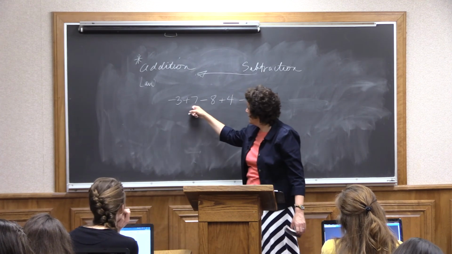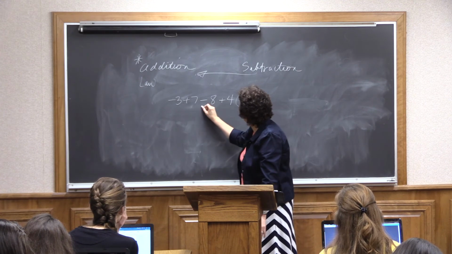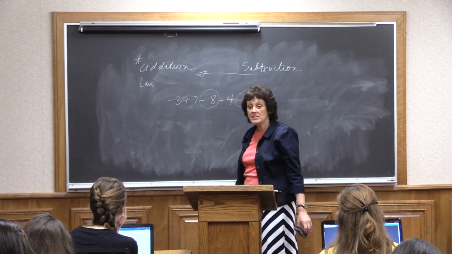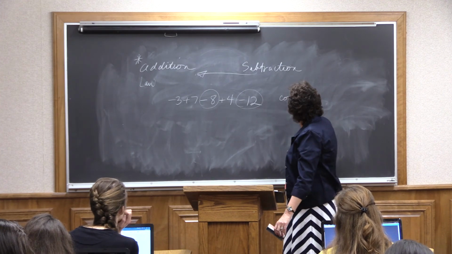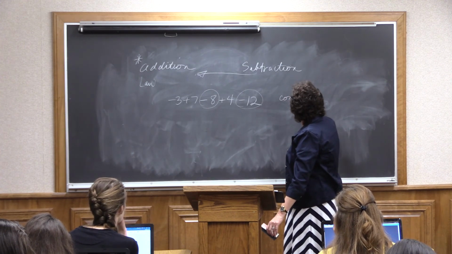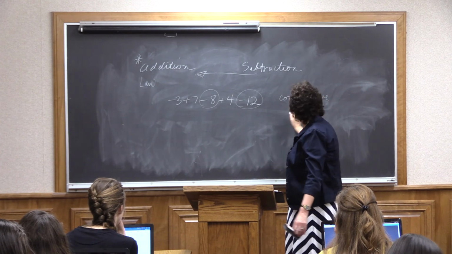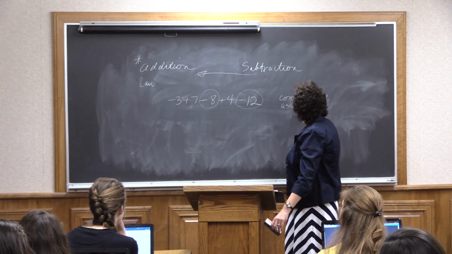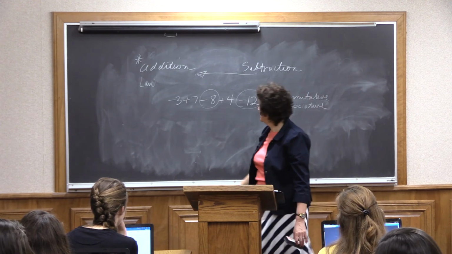This is -3 and 7 and -8 and 4 and -12. I am going to use several properties of addition here. Addition is commutative. That means I can add in a convenient order. Addition is also associative. Oh, why did I learn those? So I can use those.